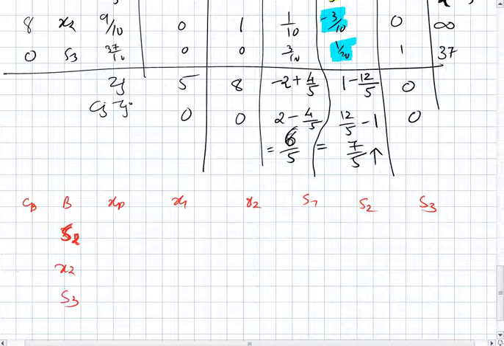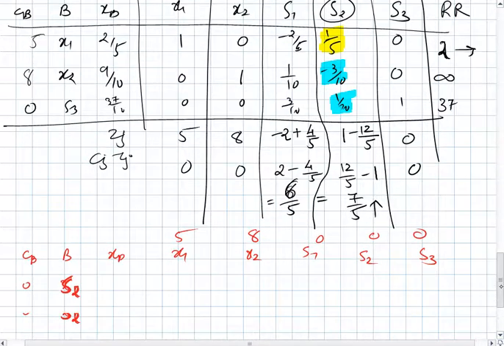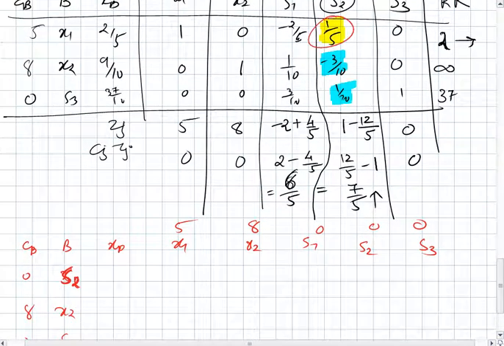So here the coefficients are 5, 8, 0, 0, 0, so here it is 8, 0, 0. Now to make this entry 1, we have to divide everything by 1 by 5, which means multiply everything by 5, so 2, 5, 0, minus 2, 1 and 0.